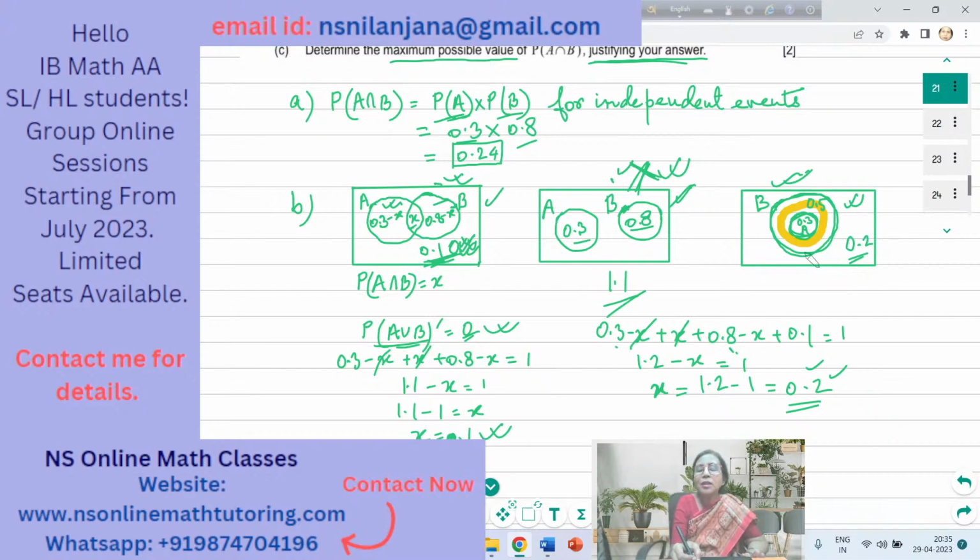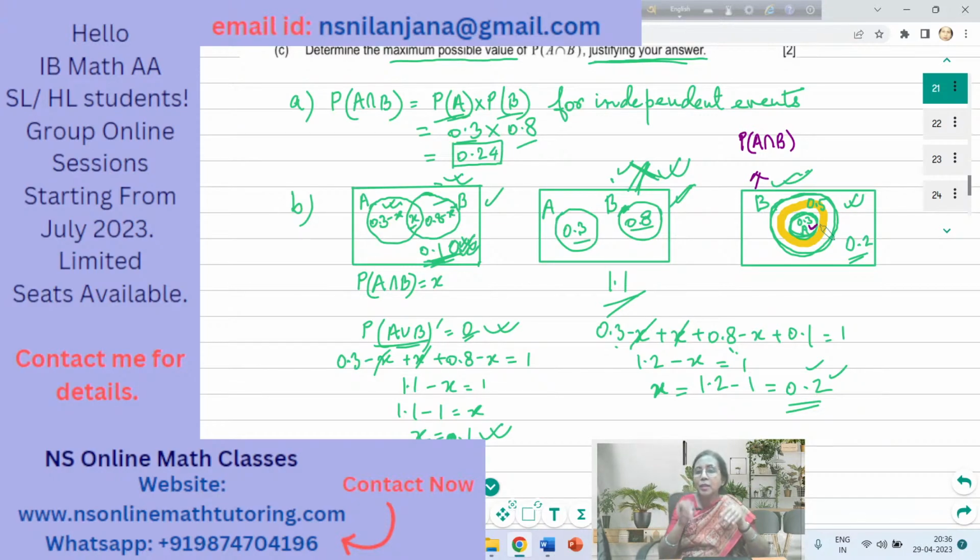And now what is the probability of P of A intersection B? In this case, the set A is the subset of the set B. So entire A is the overlapping region because B is encroaching the whole A part as well.